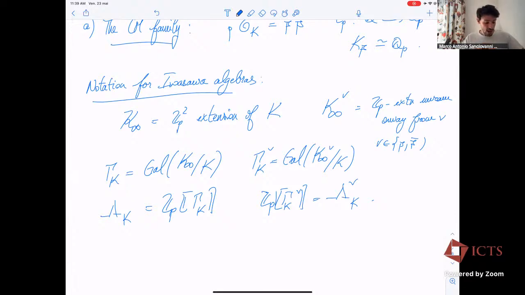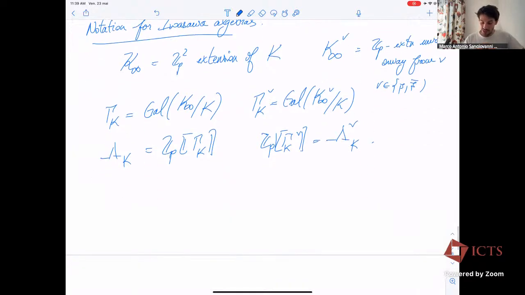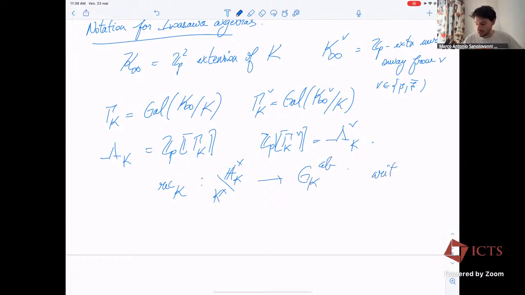And the last notation is the Artin reciprocity map, which goes to the abelianization of the Galois group, arithmetically normalized. So this is just a bunch of notation.